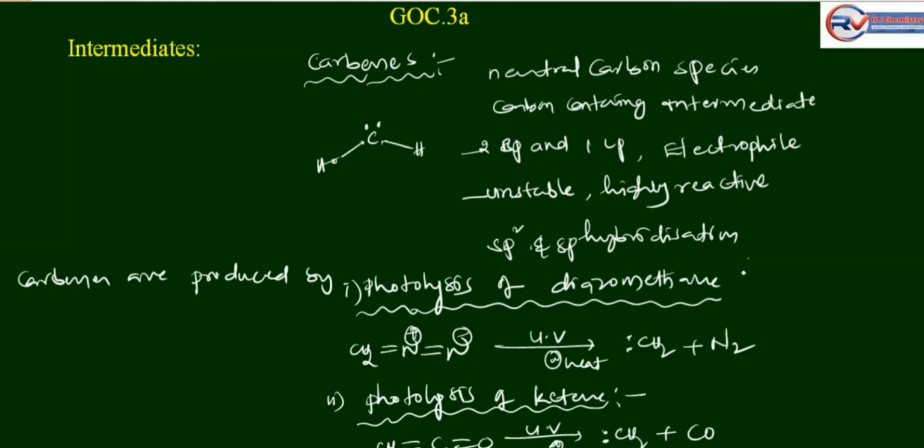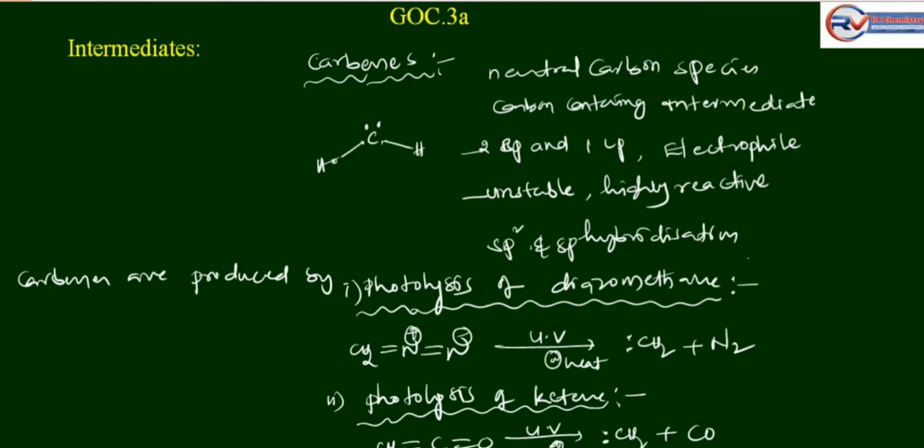This is the generation of carbenes: photolysis of diazomethane and photolysis of ketenes. This is about carbenes.